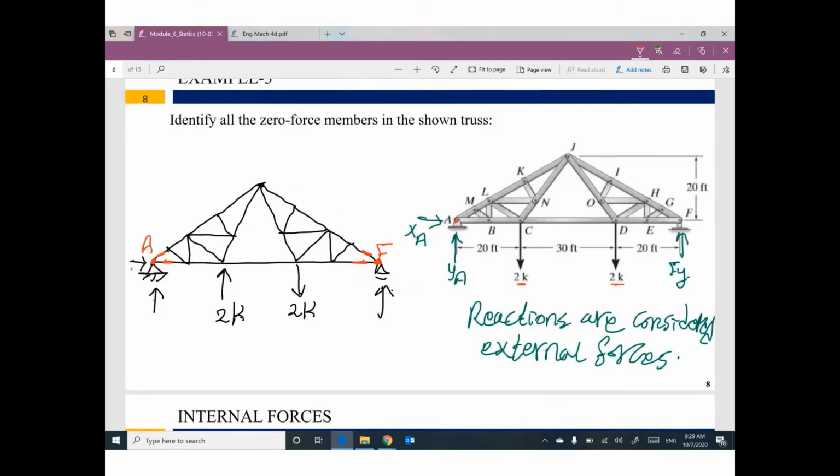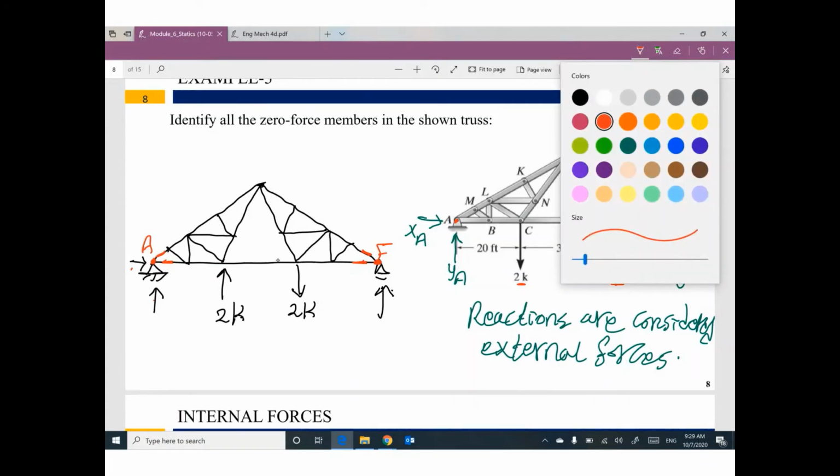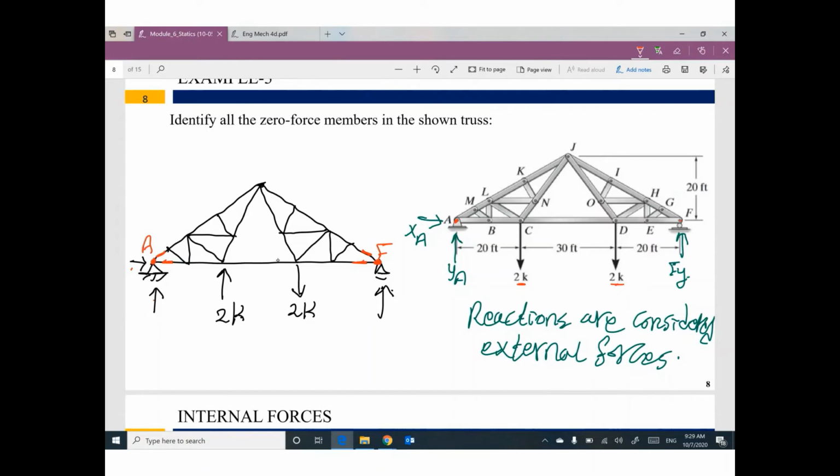Let's start with case number 3. Guys, I have a question. Case number 3 said joint with 3 members, 2 of them are collinear, no external forces.